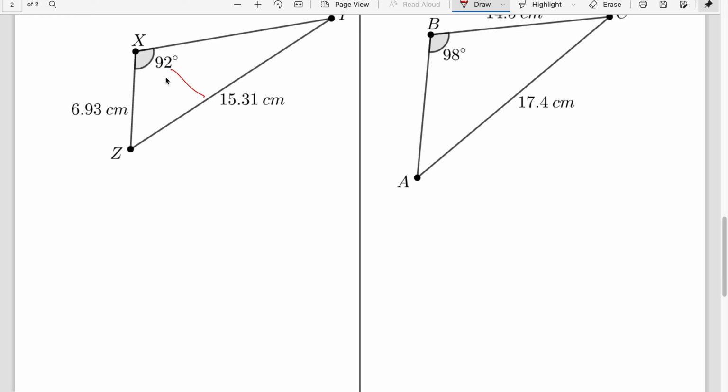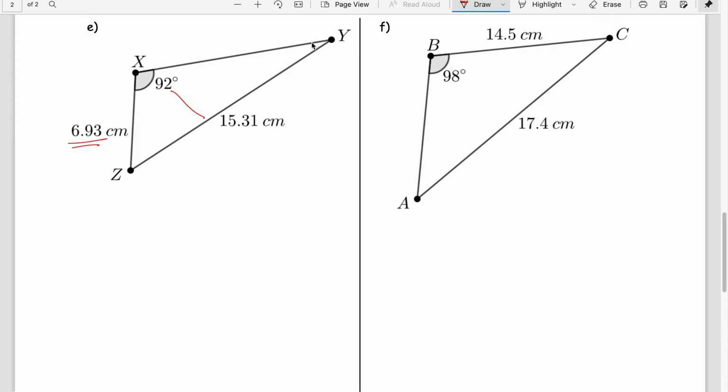So this is one pair, and definitely when we have 6.93 we will solve for y. Now the angle is unknown, so I choose to write sine y on top. Keeping the unknown first reduces the working steps actually. So divided by 6.93 and the known pair, that is sine 92 divided by 15.31.